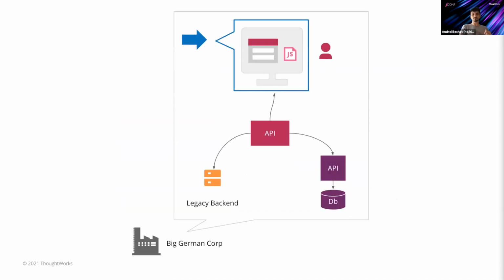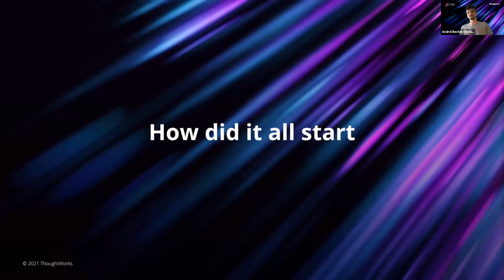And this is not all, because being at the crossroads of multiple domains, we also get to talk to more APIs, some being legacy systems, some being new, some with access to a database, some without.